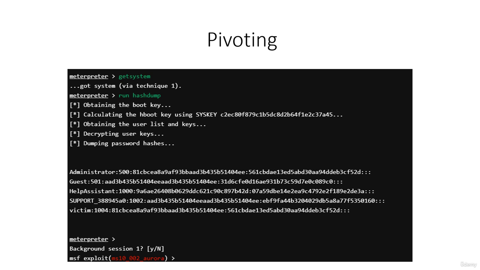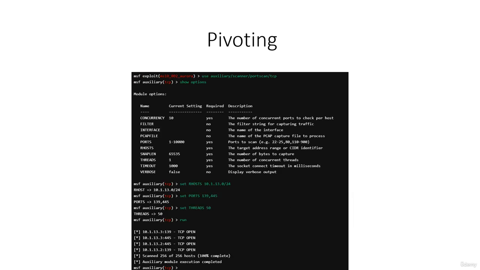Now we need to determine if there are other systems on the second network that we have discovered. We will use the basic TCP port scanner to look for ports 139 and 445. As you can see, it gives you all the names and options, such as concurrency and filter. You can check all of those by simply typing our hosts and ports in here. We are going to set our host to the IP that you want, then set our port.